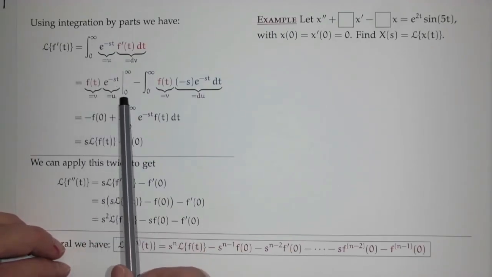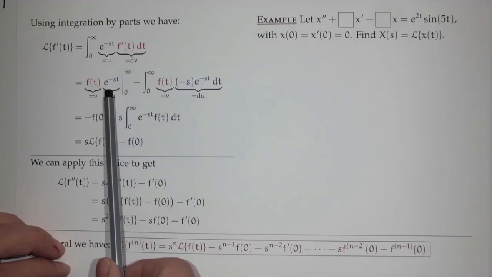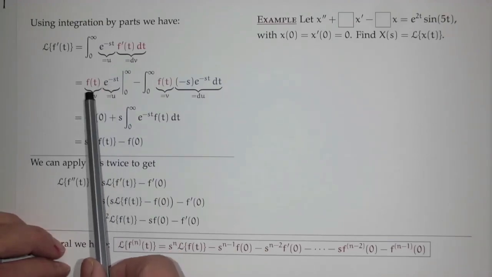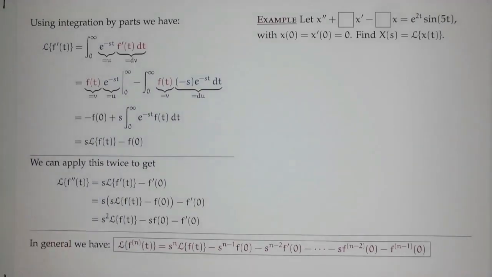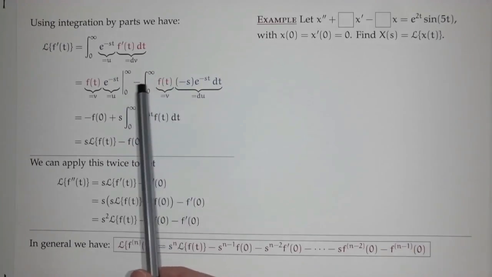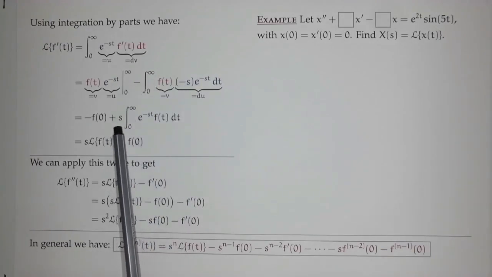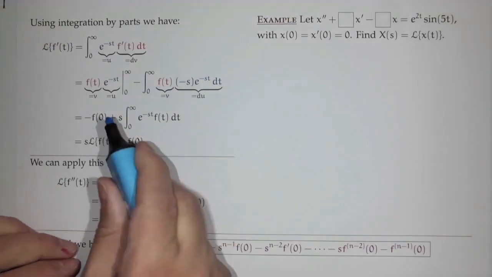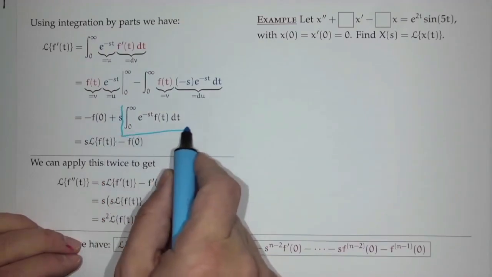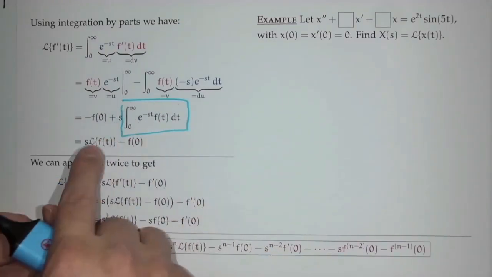We subtract what happens at 0, where the exponential term goes to 1 and we have the function at 0. So the minus f of 0 comes from the evaluation. In the second part, we pull out the minus s, so we have an s in front. And then we recognize this: the integral that's left is the Laplace transform of our function.